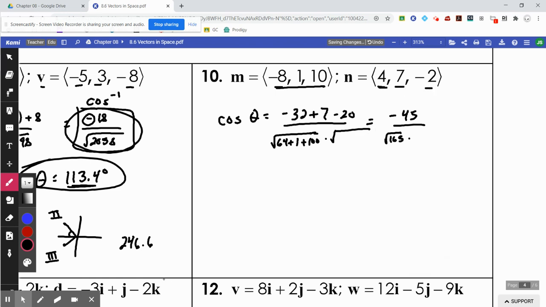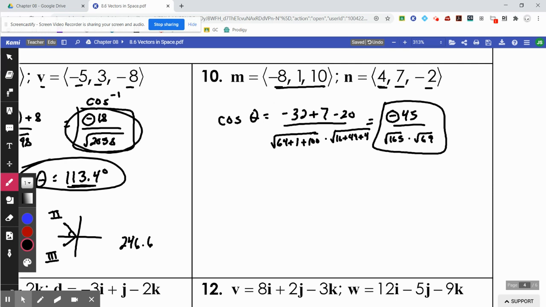The magnitude of n is 16, 49, and 4. So that's going to be the square root of 69. We can type all of this into our calculator, and again, you have two options here. They're wanting the second quadrant, because since it's negative here, they're wanting the second quadrant angle, the angle between these two vectors.